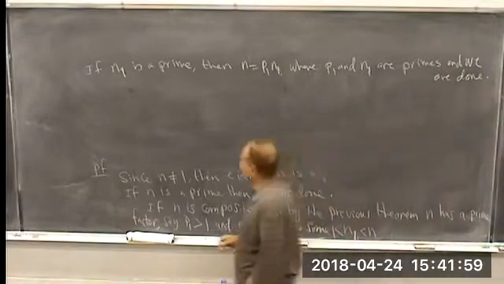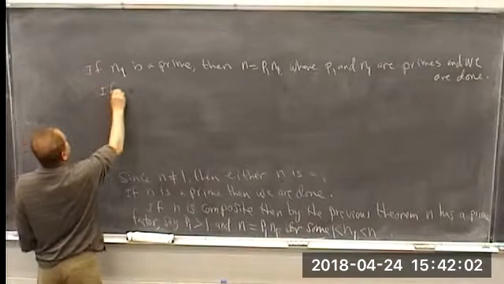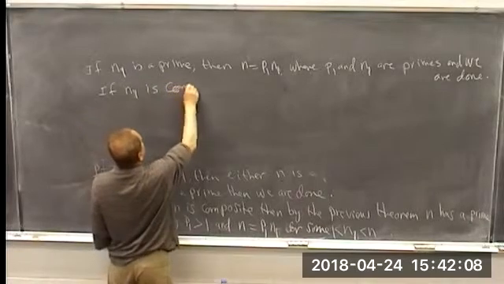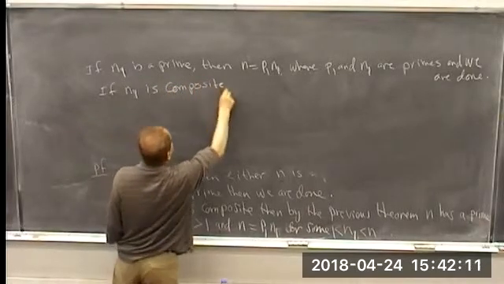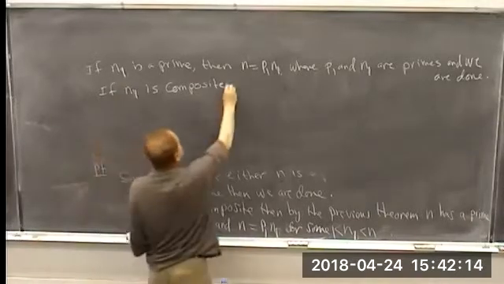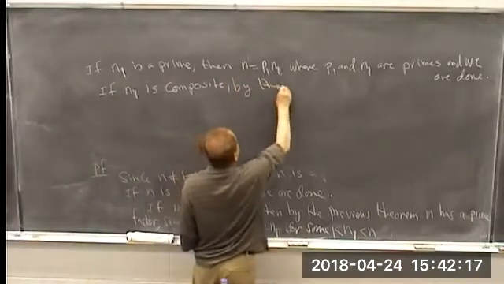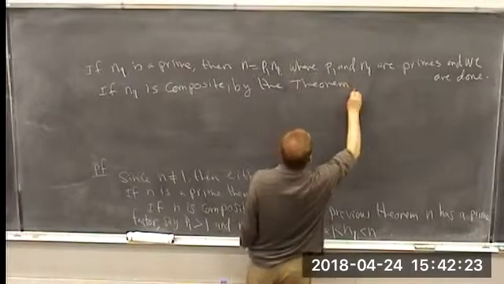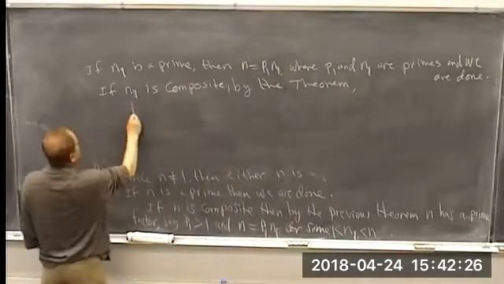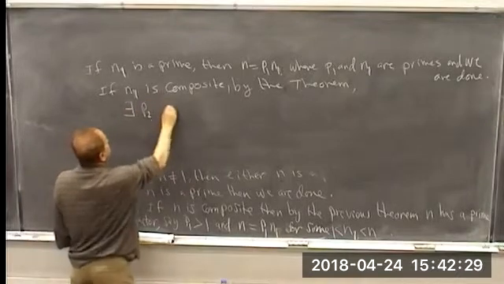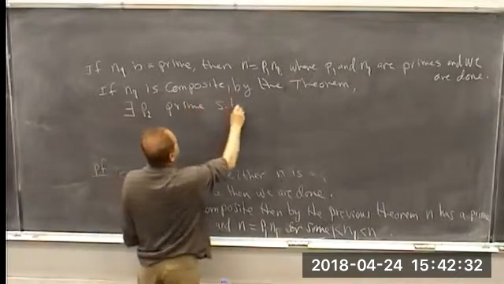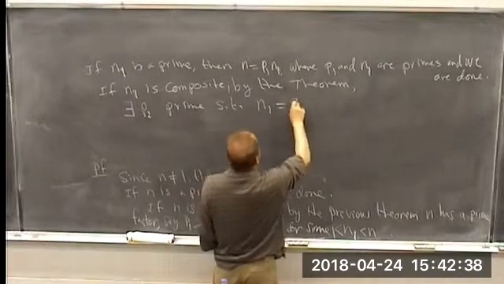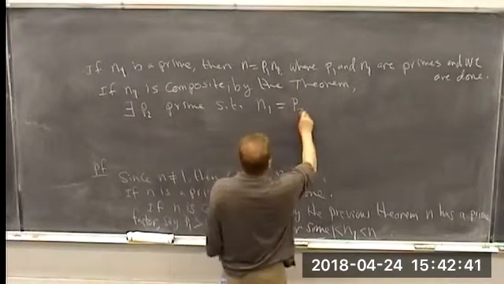If not, if n1 is composite, meaning it's not a prime, again by the previous theorem, there exists a prime factor, prime p2, such that n1 is equal to p2 times n2.